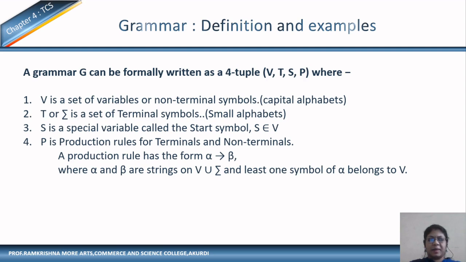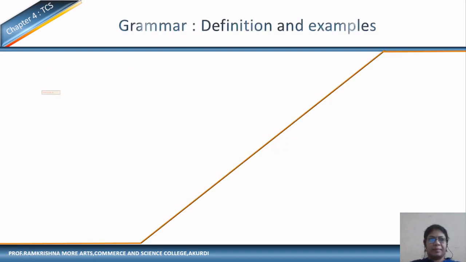It is specified by V union sigma, that is a combination of non-terminals and terminal symbols. And one more important thing is that at least one symbol of alpha belongs to V. It means on the LHS of the production rule, one non-terminal symbol must be present. Then only it is called a grammar. We will see an example of a grammar, then we will understand more about it.